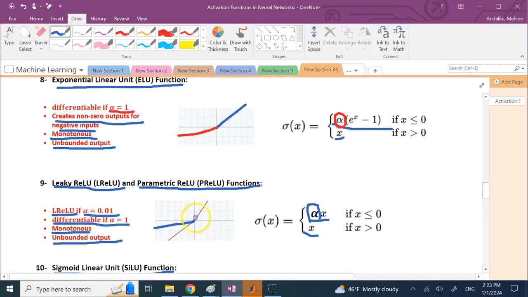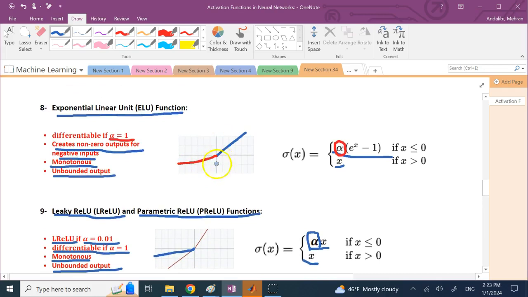This function is not bounded. This leaky ReLU or parametric ReLU is not bounded. This guy here, for negative x's, it goes to negative alpha, as you can see. So this function on the negative side is bounded. That's good. On the positive side, it's not bounded.